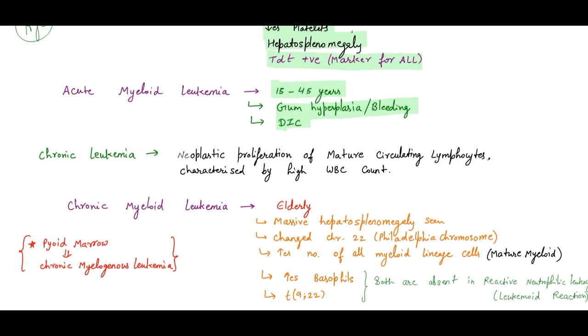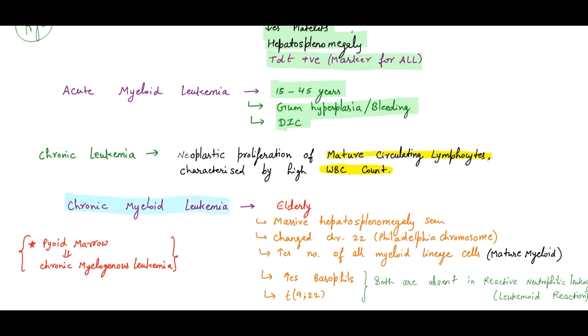In acute there is proliferation of blast cells, and in chronic there is proliferation of mature circulating lymphocytes, characterized by high WBC count. Then there is chronic myeloid leukemia and chronic lymphoid leukemia.